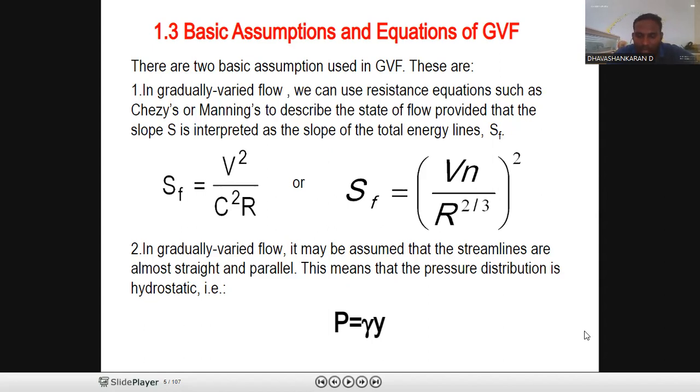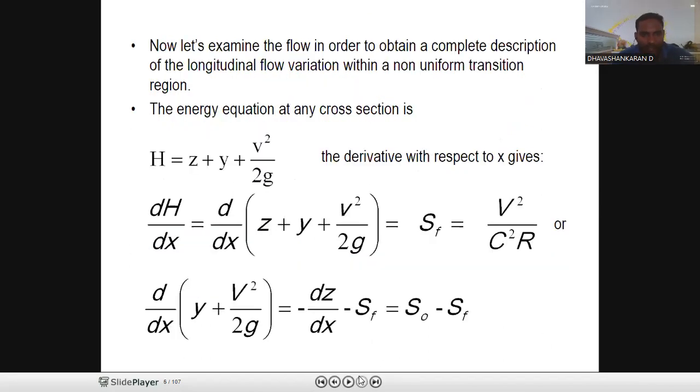Here we first take the equation: total head equals datum head plus pressure head plus velocity head. This is the general equation, and from this formula we are going to arrive at the derivation.